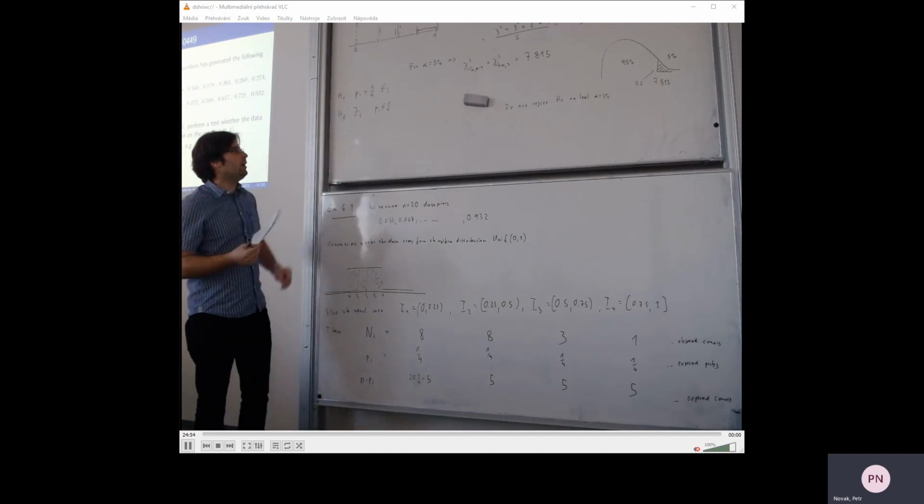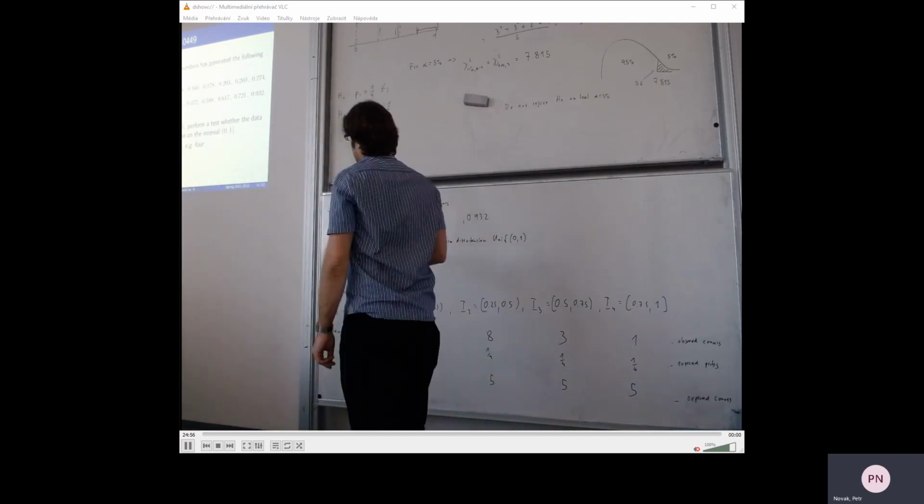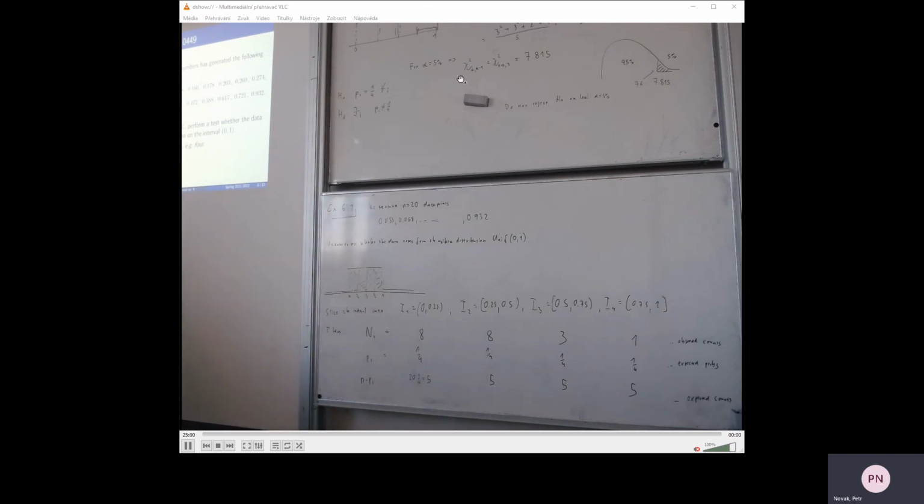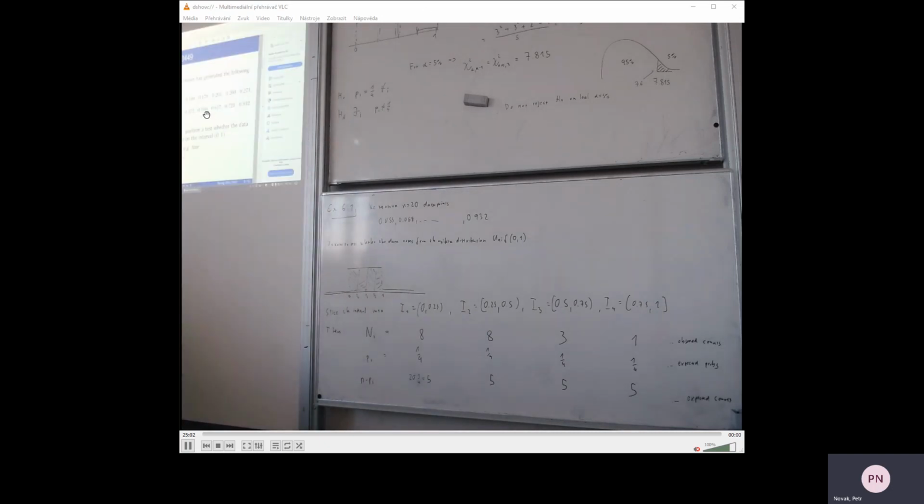Okay, now if we would like to do this test in a computer, we could. I have written a small script which you can run yourselves. Okay, here I have initialized the vector.